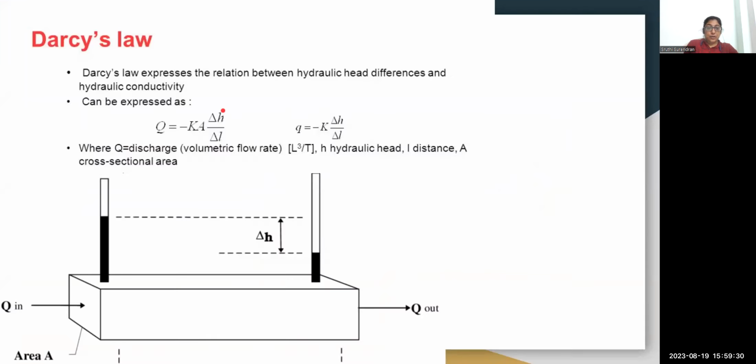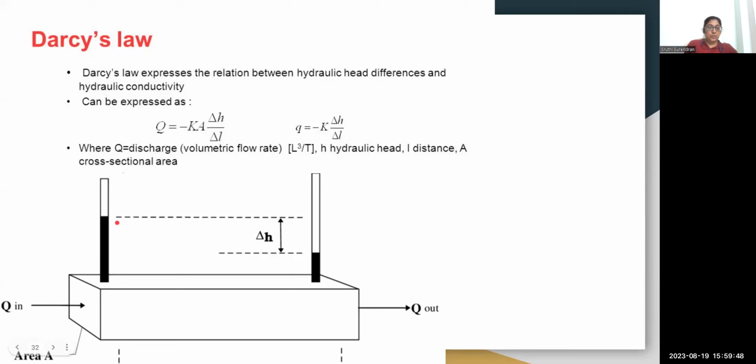So let's see what hydraulic gradient is. We just saw how Q is equal to K into I into A. We are familiar with what K and A are. This I is given by delta H by delta L. Delta H is the pressure head loss.